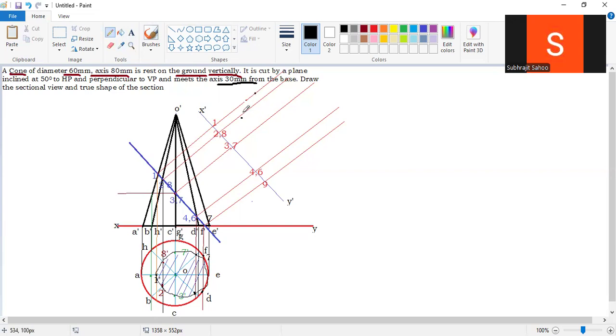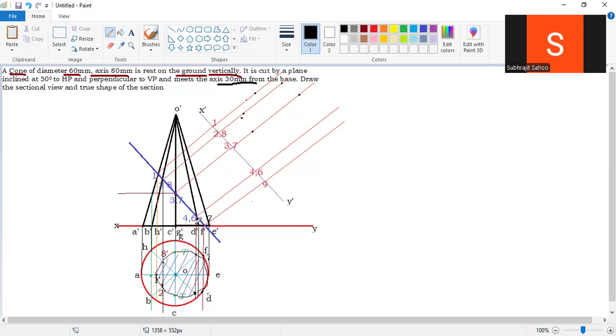And this 8 I'm taking here. Next, two is there or not? Measure these two distances and mark here. It comes here, right? Next, measure this to 7 and this to 3. Mark here. So this is 7, and this is 3.